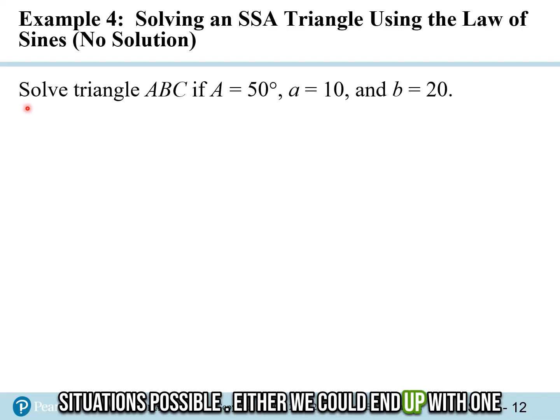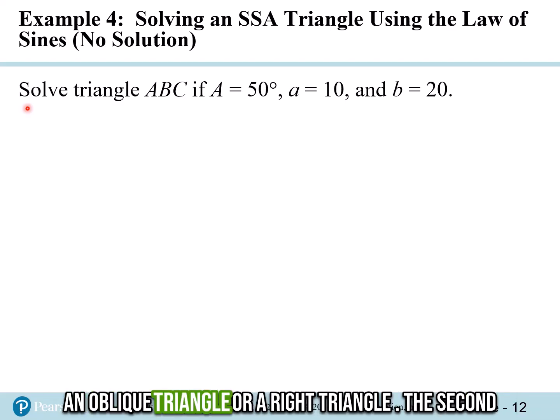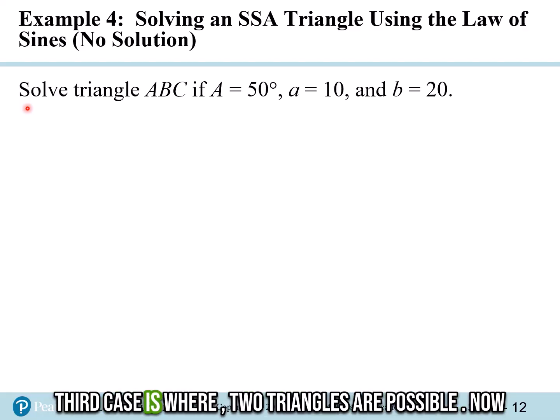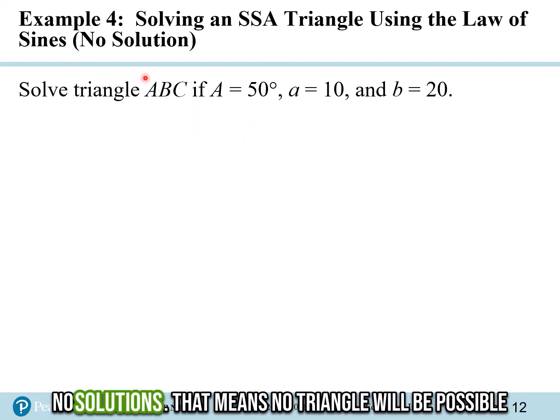Either we could end up with one triangle, and within one triangle we could either have an oblique triangle or a right triangle. The second case would be where no triangle is possible, and the third case is where two triangles are possible. Now they've already told us that this case will result in no solutions. That means no triangle will be possible.